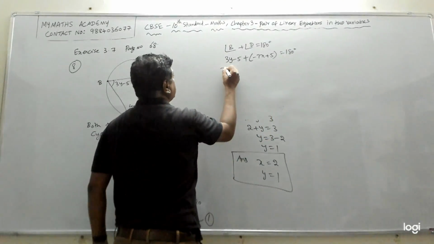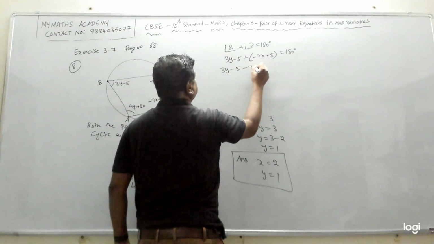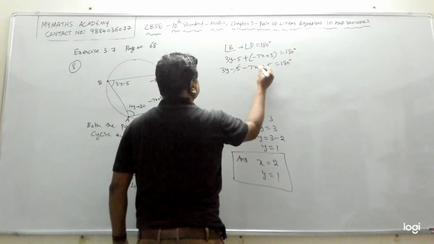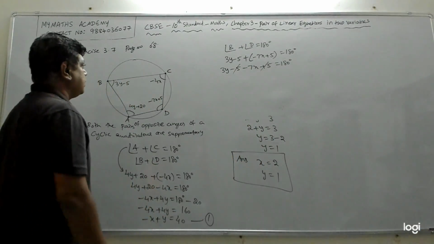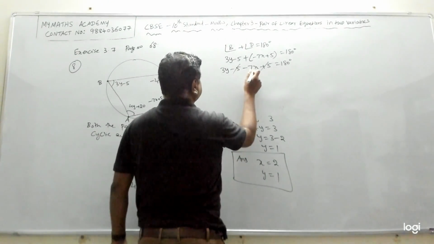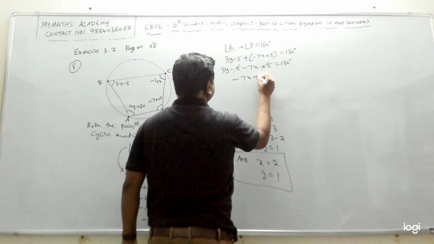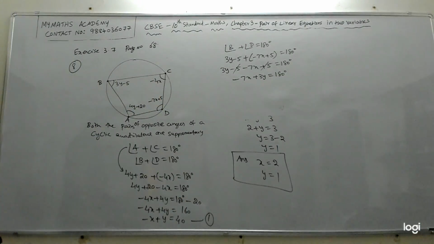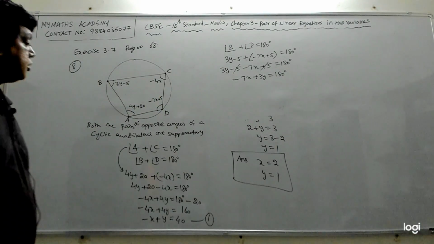Now simplify this. 3y minus 5 minus 7x plus 5 equal to 180 degree. Right? So minus 5 plus 5 will get cancelled. We get minus 7x plus 3y equal to 180 degree. Clear? So this is my second equation.